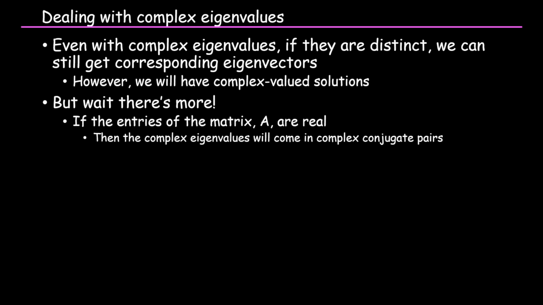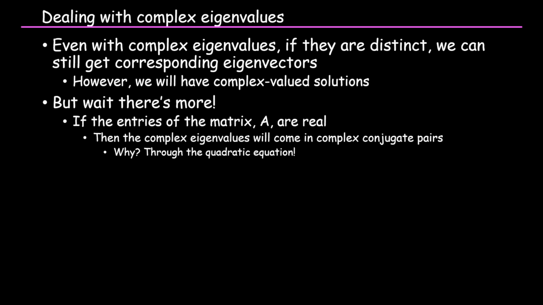And if you remember in, I believe, Algebra 2, complex conjugate pairs is basically their plus or minus. So if you have a complex number, say 3 plus 2i, its complex conjugate will be 3 minus 2i.